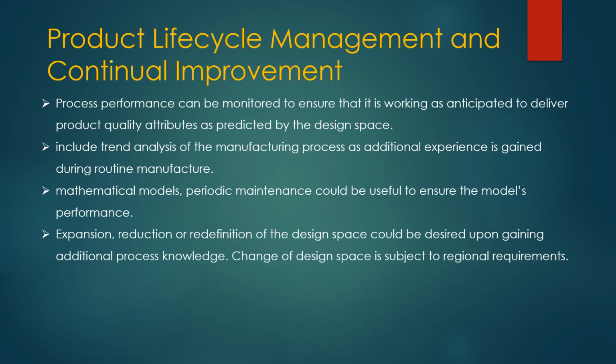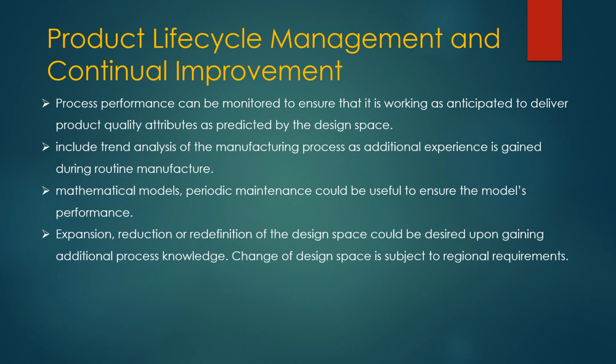Product lifecycle management and continual improvement provide opportunities to evaluate innovative approaches to improve product quality. The detail on product lifecycle management is explained in ICH Q10. Process performance can be monitored to ensure that it is working as anticipated to deliver product quality attributes as predicted by the design space.